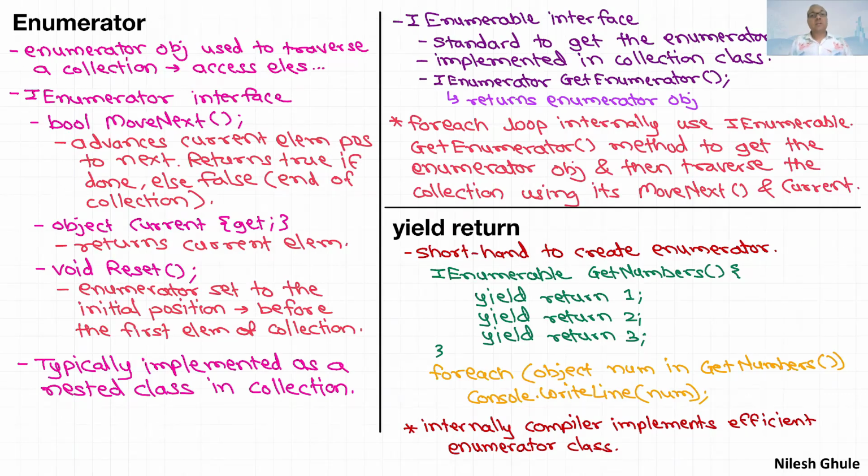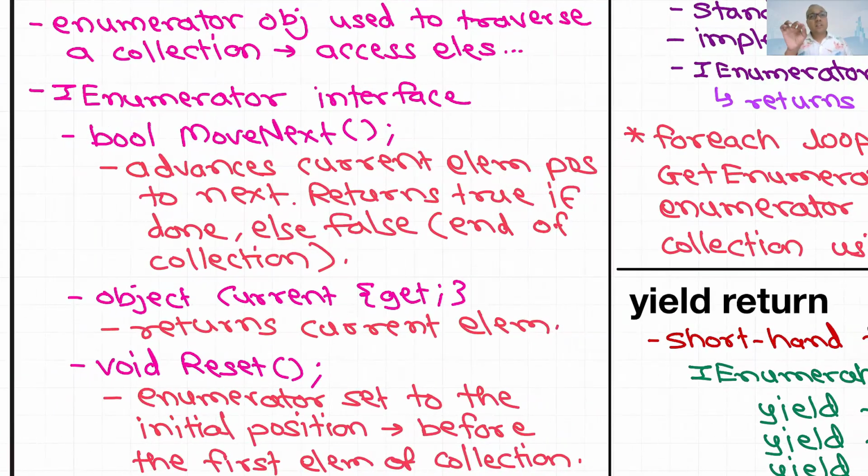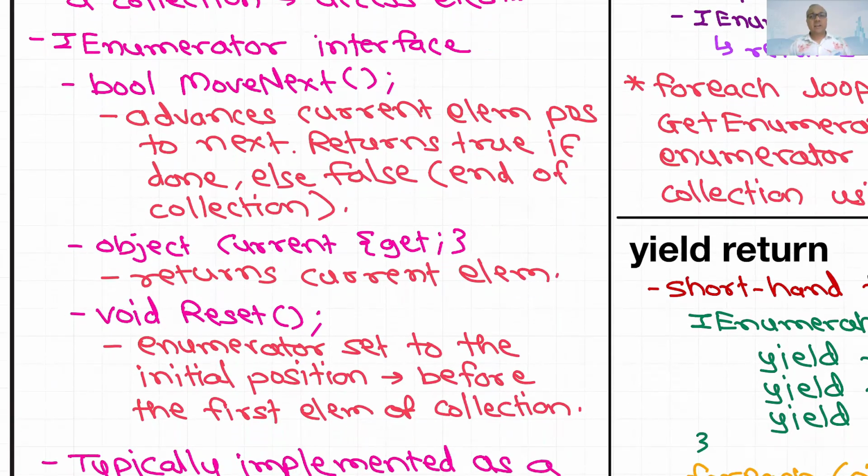So enumeration is a process. Enumeration is a way that you can traverse the collection, you can access the elements one by one. And if you want to do that, there must be a standard, there must be a specification. That specification is nothing but the IEnumerator interface. This IEnumerator interface has got three members. The first one is the MoveNext method, which returns Boolean.